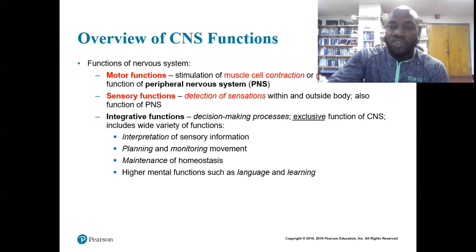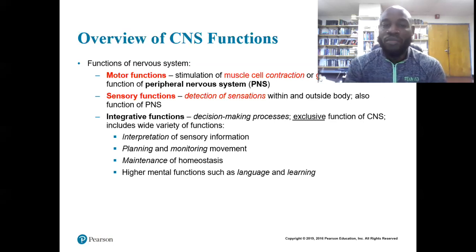The functions of the nervous system, which we've already discussed, so I'm not going to go into a whole bunch of detail. Motor functions, that's movement, also gland secretion. Remember sweat glands, sebaceous glands in your epidermis and your dermis, your cutaneous membrane in your skin.